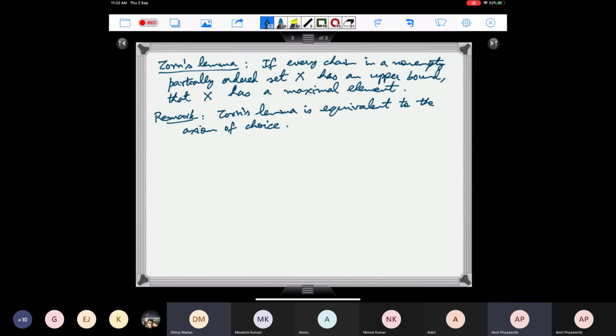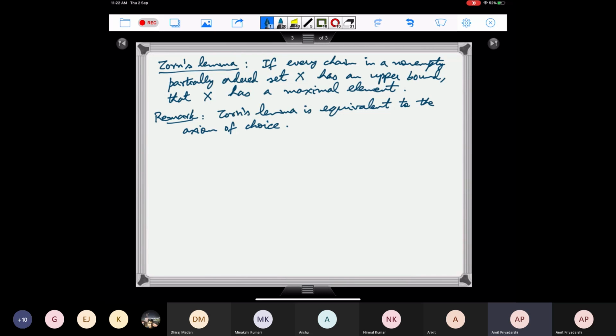Exactly. See, that is a big discussion. If you study set theory, there are what are known as the Zermelo-Fraenkel axioms. Those are the basic axioms that we assume for set theory, but those axioms do not imply the axiom of choice, which seems very obvious.